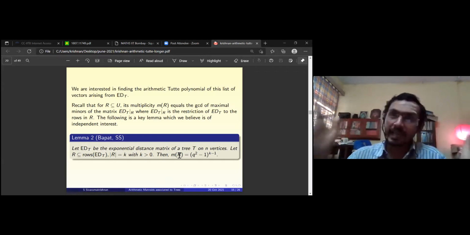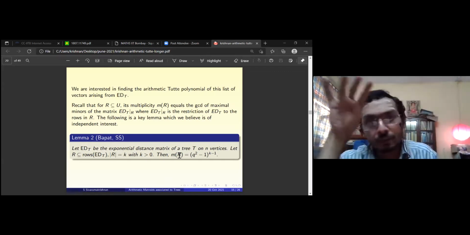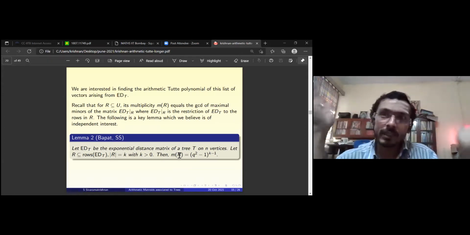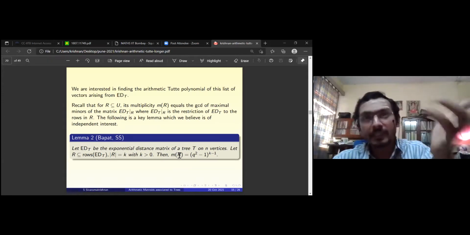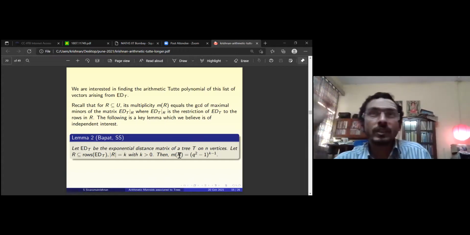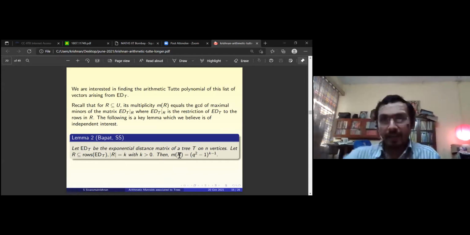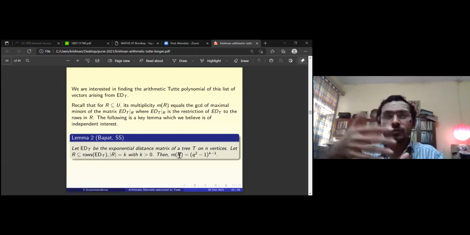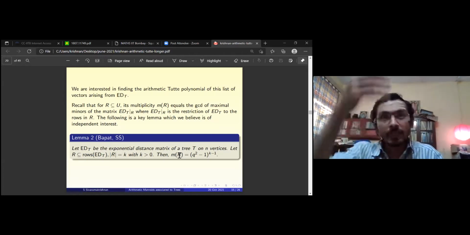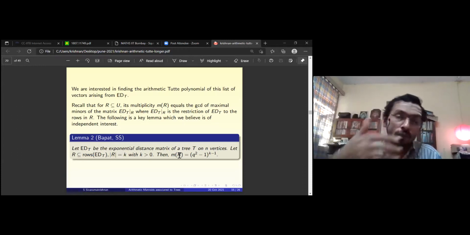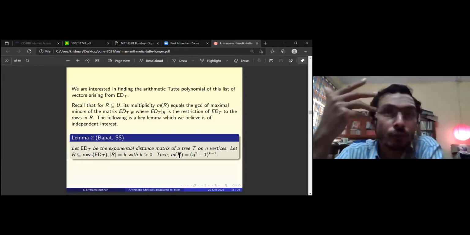If you choose a list of R columns, definitely they are linearly independent, because all columns are linearly independent. So if I've chosen, let's say, 5 columns, the rank is 5, and now I have n rows. So there are n choose 5 choices for rows; some of them may be non-zero, some of them may be 0, but I have to take the GCD over the non-zero choices.